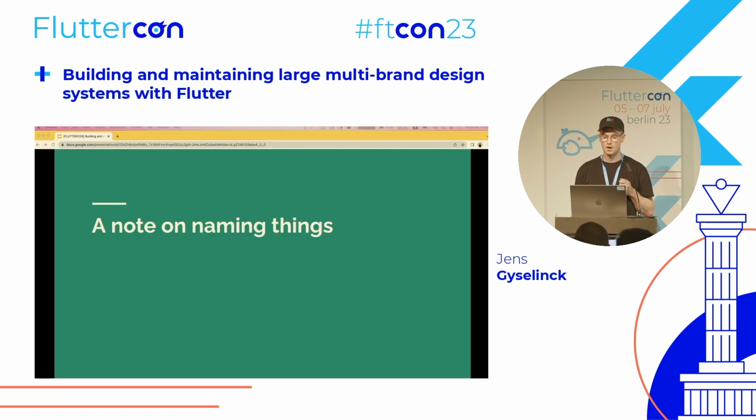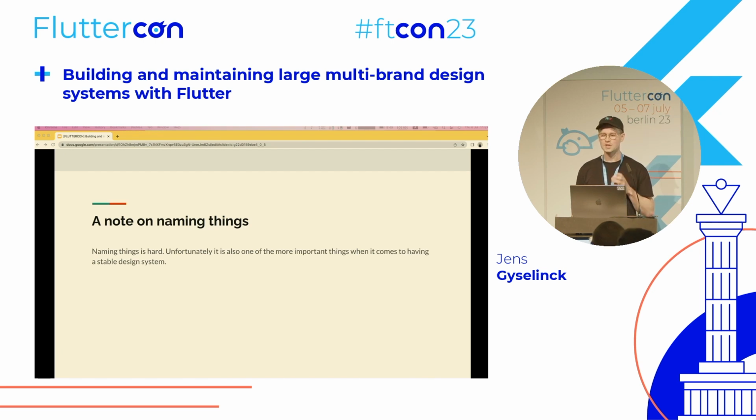Another note on naming things, because if you want to be fully aligned between design and development, we have to talk about naming things. You need to speak the same language. And initially we made the mistake of not doing this, and it just leads to confusion. So use the same names for your components, for example.